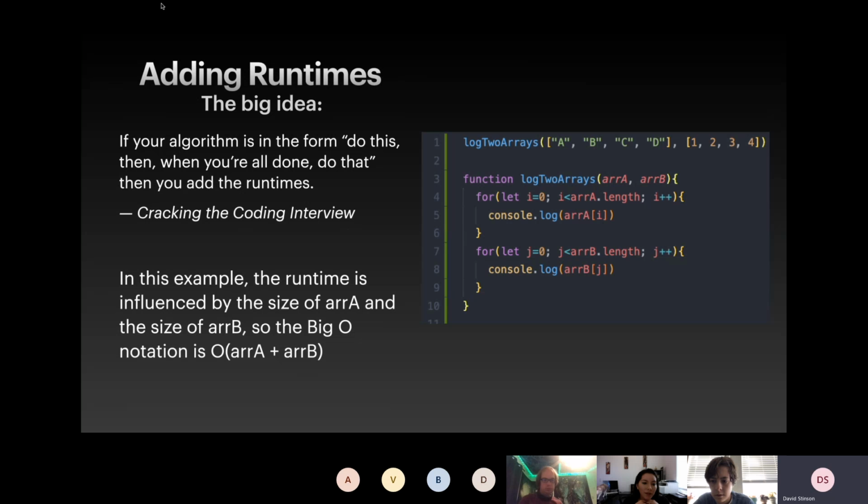Wait, so that one is O of n time plus the other n? Right, exactly. That's basically what's happening. So this is essentially O of n plus n, which normally you would, once you do that, become a constant. Like that would be 2n regularly, correct? And we just learned a couple of minutes ago, hey, you drop constants because they're not important.